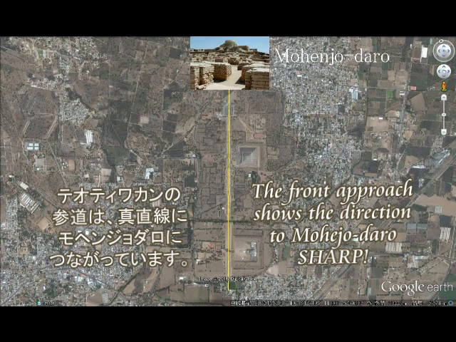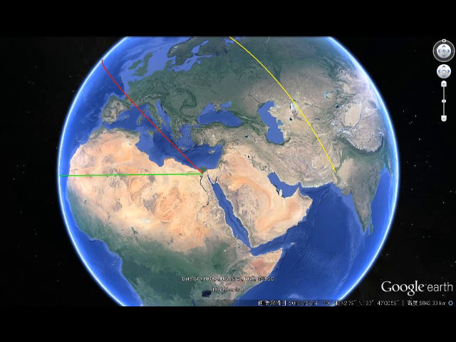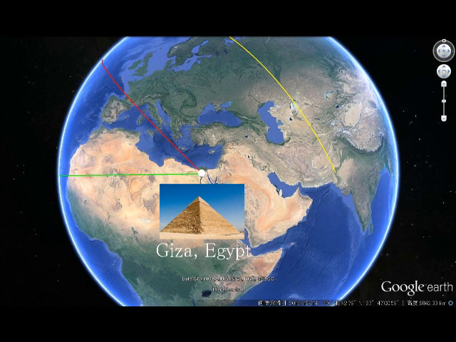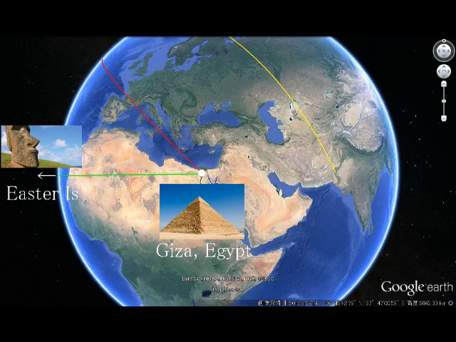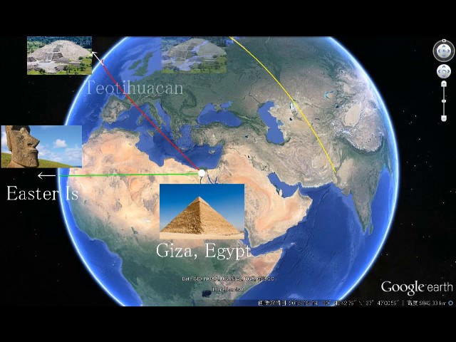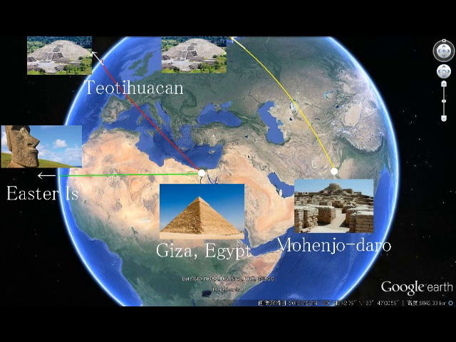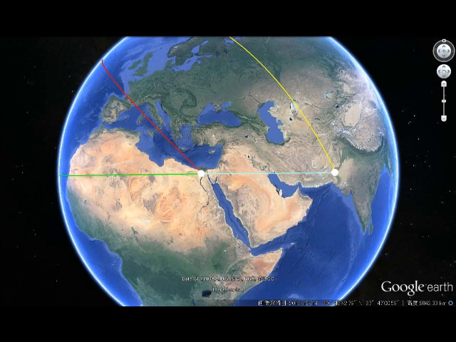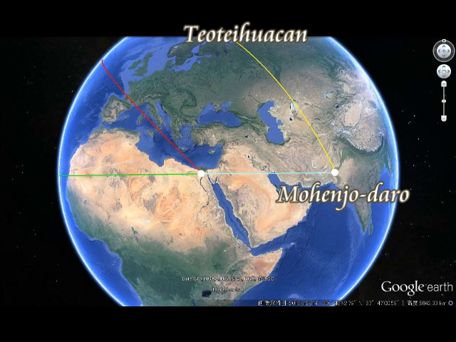Which means this front approach will take you to Mohenjo-daro, and in the middle you see Giza, Egypt, and on the left side the green line will take you to Easter Island, and the red line will take you to Teotihuacan, and the yellow line is a line between Teotihuacan and Mohenjo-daro. And the angle between these two lines is sharply 60.00 degrees, very strangely.